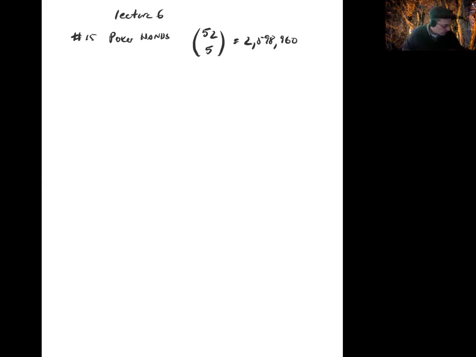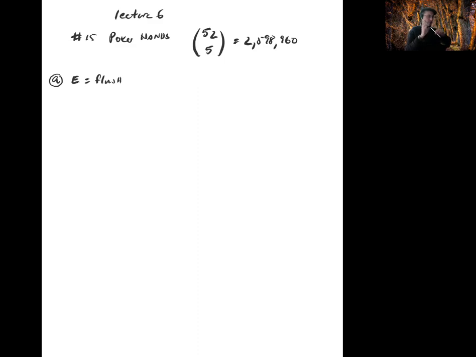So in part A, we let E be the event that the hand is a flush. Now, what's a flush? Remember that there are 4 suits, spades, hearts, diamonds, and clubs in any standard deck of cards.